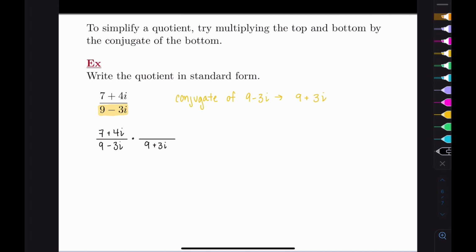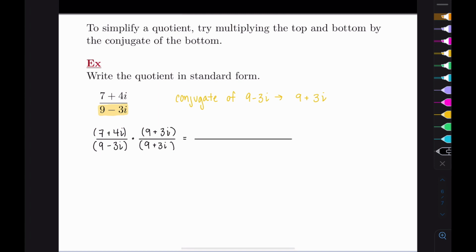But I can't just do that in the bottom. I've got to keep this expression exactly the same. So I need to do the same thing in the numerator. So ultimately, we're going to have two foiling processes that we have to go through.